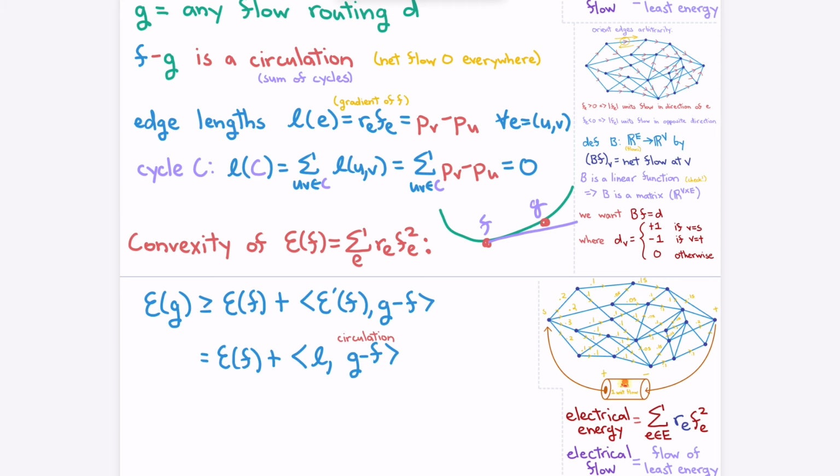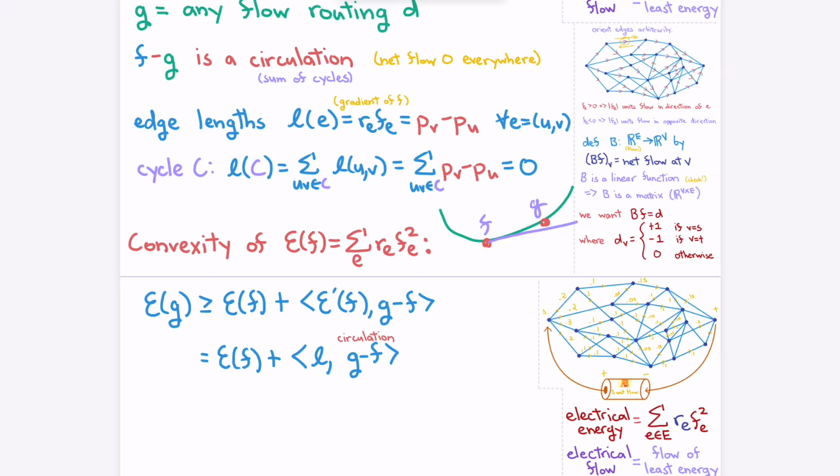So now what? It's zero, yeah. How do I connect circulation to cycles? A circulation is always a sum of cycles, right?